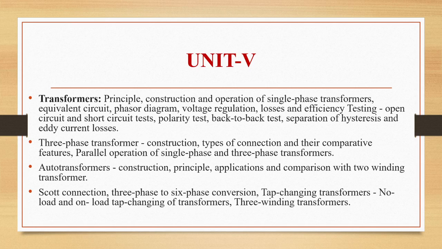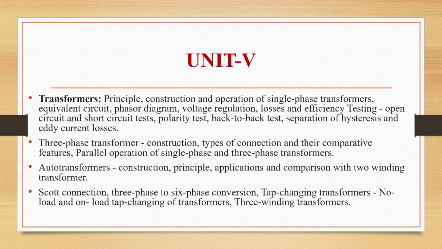When voltage is getting generated at some 11 kV or 33 kV, then it has to be increased to 66 kV. So to increase from 33 to 66 or 11 to 66, the voltage has to be increased. For that purpose, a step up transformer will be used.